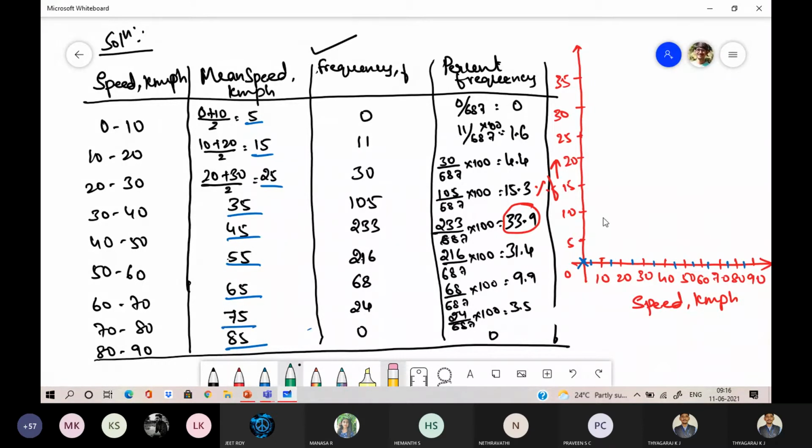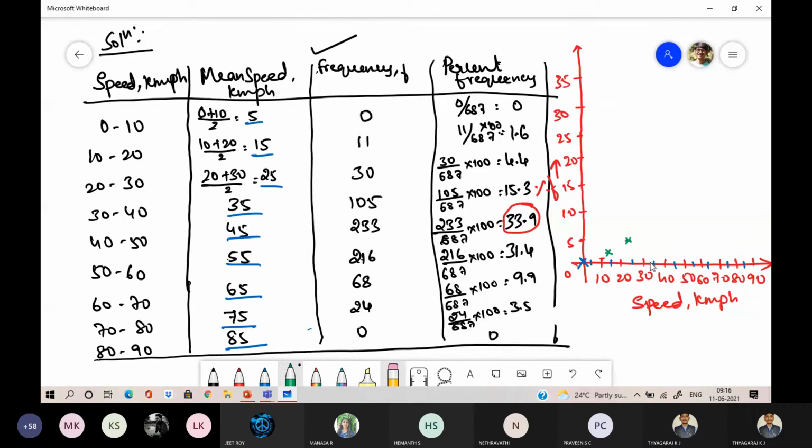Okay. Now the next value is 15. What is the percentage frequency for 15? It is 1.6. It will be approximately here. Then for 25, the percentage frequency is approximately 4.4.